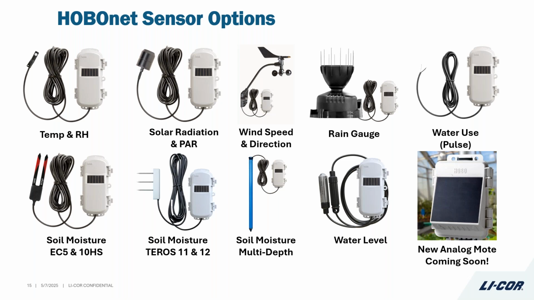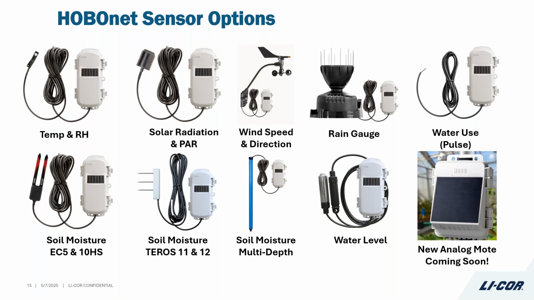And notice here we've got 3 different soil moisture options for this wireless technology. We've got the EC5 and 10s, which are nice to be able to plug into nice soils where you're just doing one monitoring point. If you want to go a little bit hardier and possibly have to move these in the future, you can go with the Teros options. And we do have a soil moisture probe with multi-depth capabilities as well.